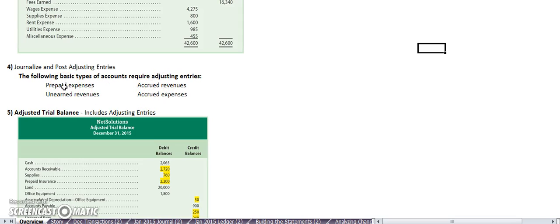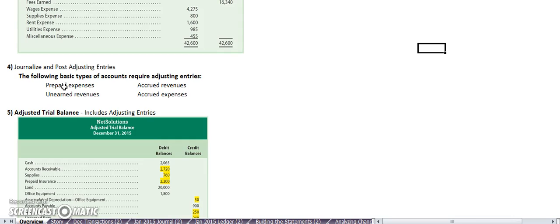Okay, so these videos are just supplements to your material in the book and your PowerPoint slides and all other materials. If we go to the PowerPoint slide and look at the definitions, prepaid expenses are the advance payments of future expenses and are recorded as assets when cash is paid.